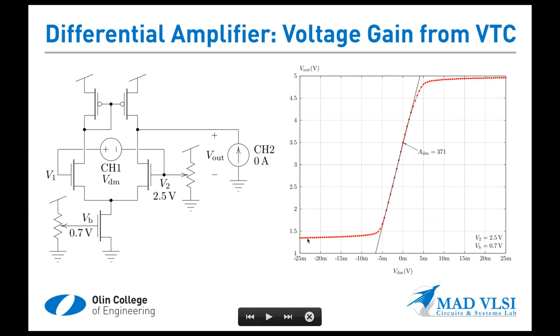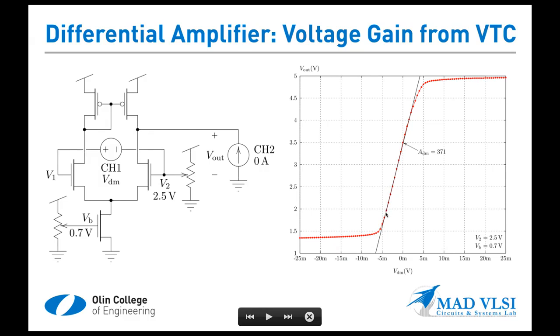And what we get when we do that experiment, when we sweep channel 1 in fine increments around channel 2, is we get output voltage starting at around 1.5, and then as we get within 5 millivolts or so of 0, we get a very rapid increase in Vout, and then Vout will saturate up near to VDD.